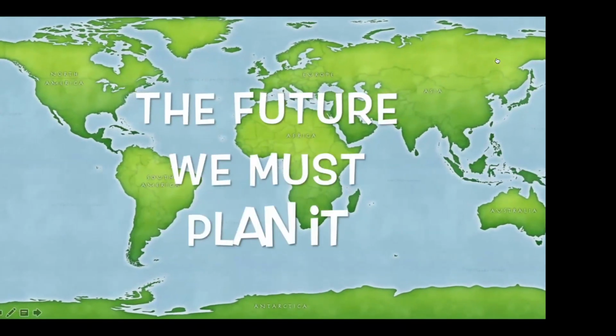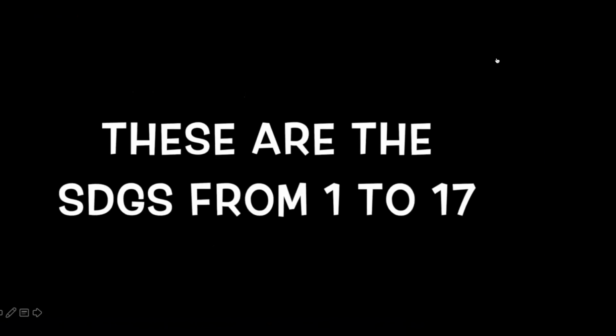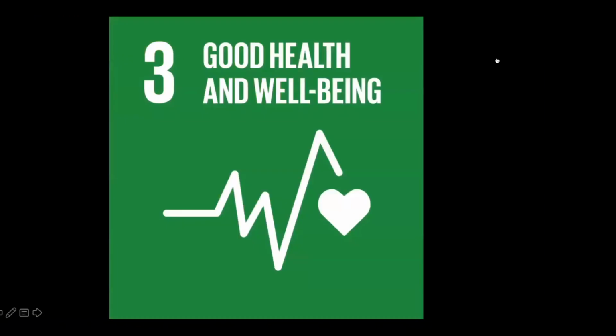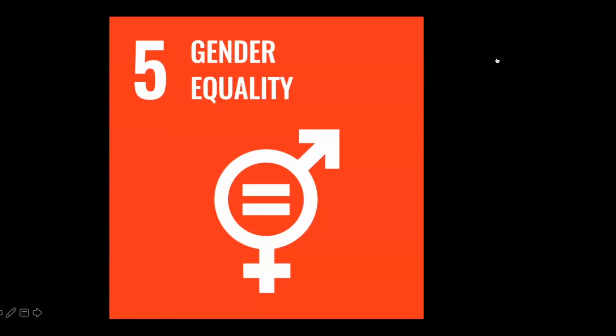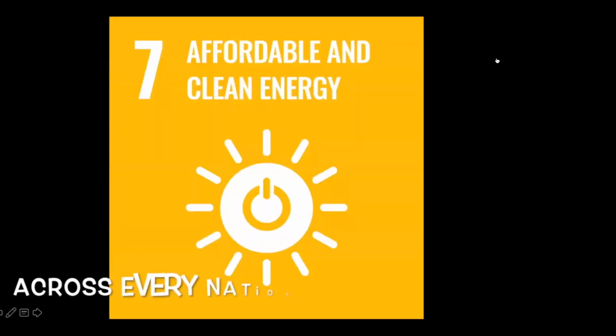The future we must plan it to work to our advantage or continue to do damage. Sustainable development goals, what do they mean? These are the SDGs from 1 to 17. No poverty, zero hunger, good health and well-being. Quality education for all human beings. Gender equality, clean water and sanitation. Affordable and clean energy across every nation.